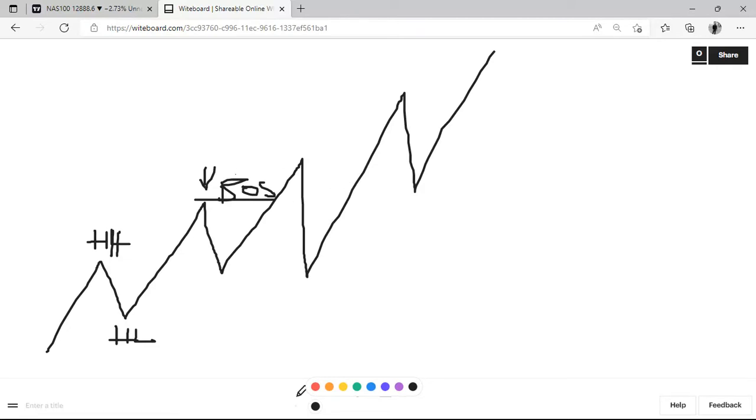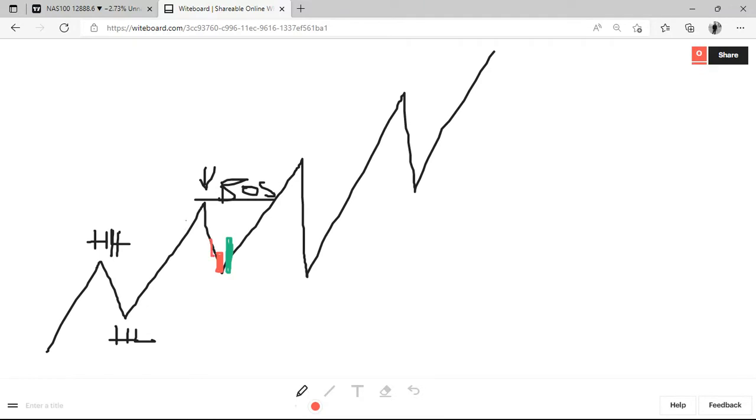So how we can identify the order block: since it's a bullish move, it is the last bearish candle which formed around here, before the bullish move came into place.